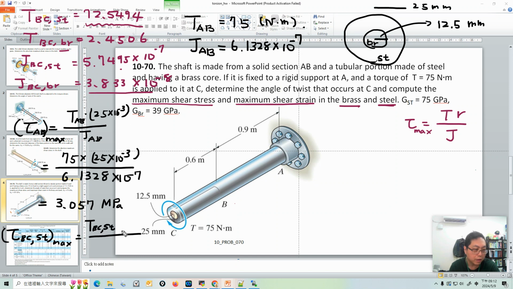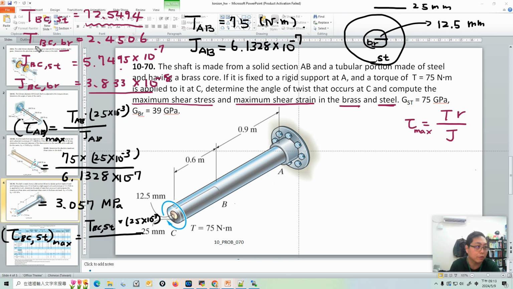The radius is the same, 25 times 10 to the power minus 3. And the polar moment of area for steel in the BC section: be careful, because this is a coaxial part. So the polar moment of area for the shell in the BC section is different from the polar moment of area in the AB section.